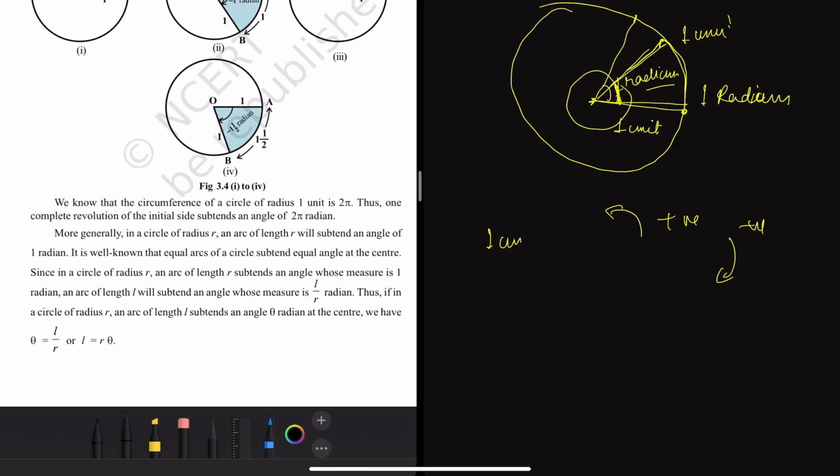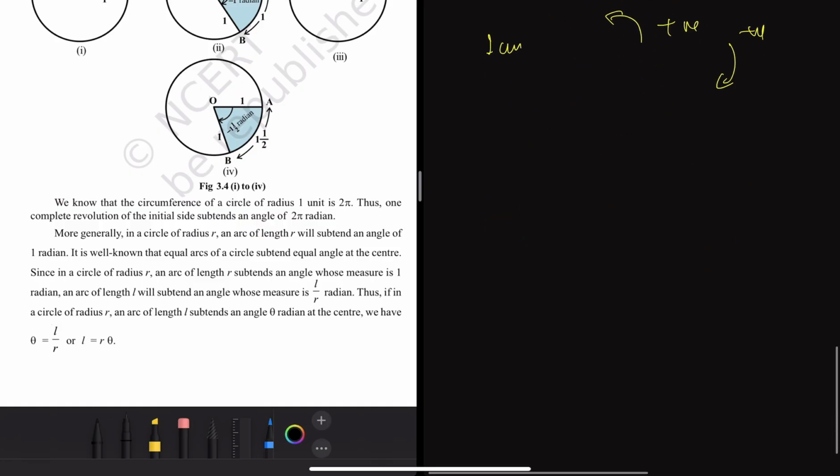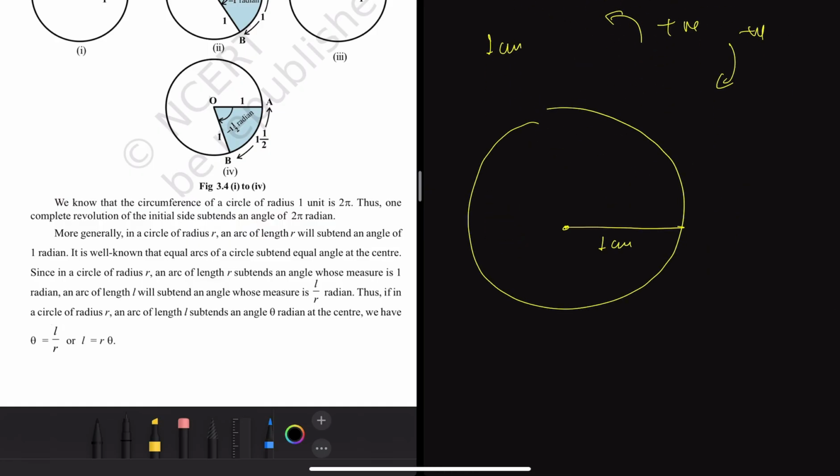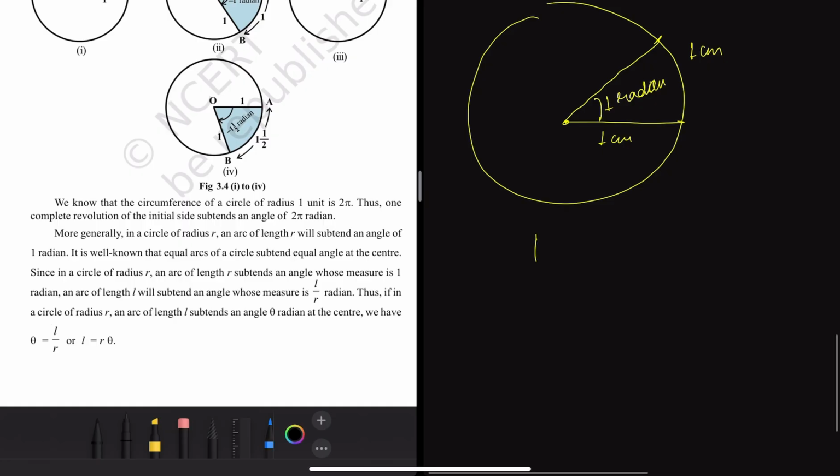angle subtended by the circle is 2 pi radian. Now, how does this come about? Let's say I have a circle of 1 centimeter. Okay, and if 1 centimeter unit length of arc subtends an angle of 1 radian, ठीक है, that means कि 1 unit of arc subtends an angle of 1 radian.